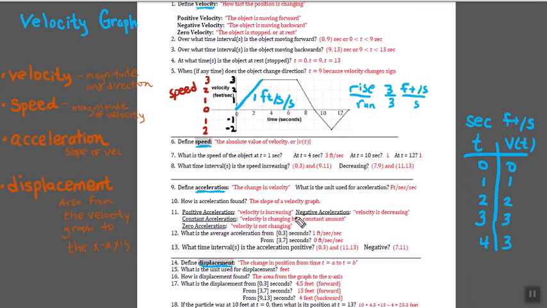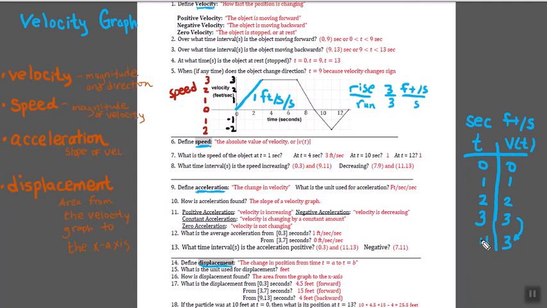So that's what we have. These questions right here: How is acceleration found? Just right here, slope of velocity graph. When you have positive acceleration, you essentially just have positive slope. When you have negative acceleration, you have a negative slope versus a positive slope here. Constant acceleration, so that would be like 3 to 4 seconds. If the speed is 3, or velocity is 3, and then it remains 3, you had no change in the velocity.